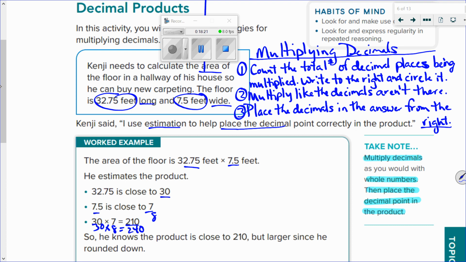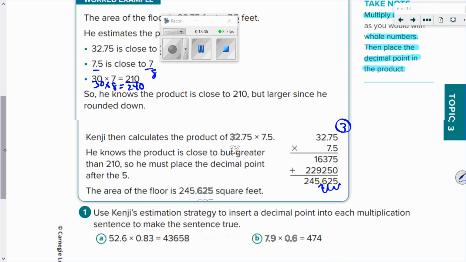So multiply 32 and 75 hundredths, 7 and 5 tenths. Find the answer. I don't care where. Anywhere on your paper. Okay, guys, who got the right answer? Me. There's the work to let you see it. Should have gotten 245 and 625 hundredths.